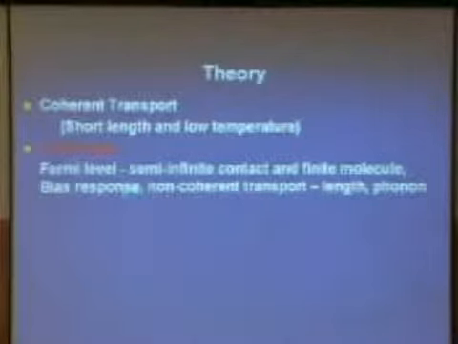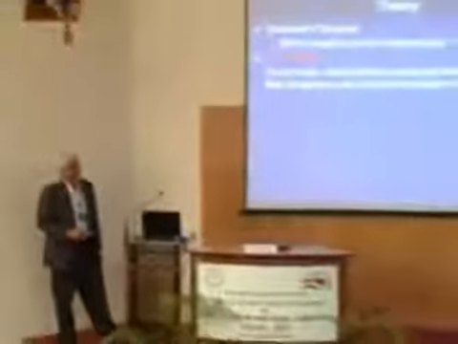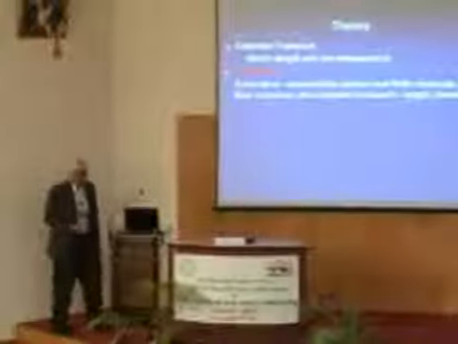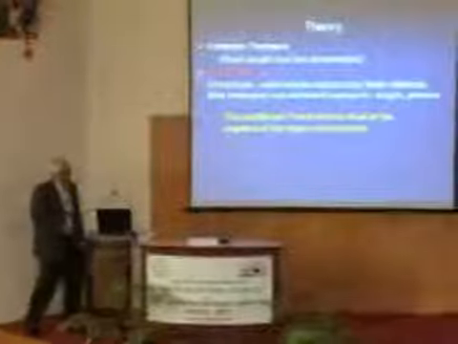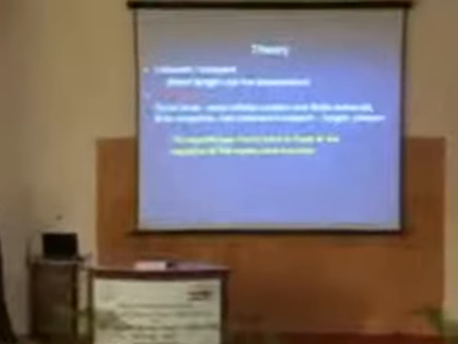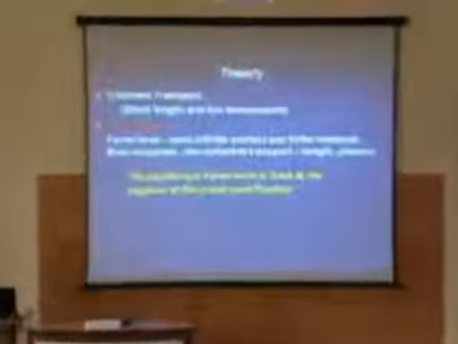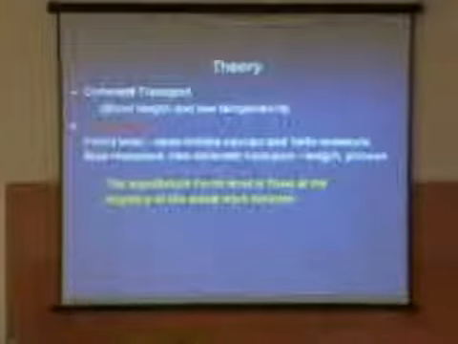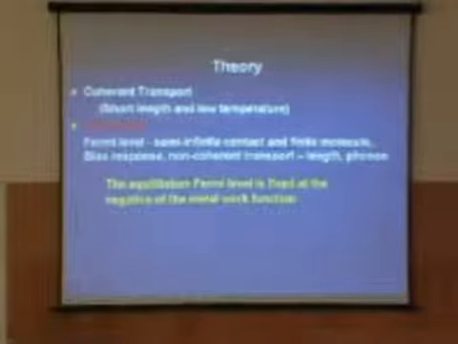Bias response: we are going to apply the bias, so how does it affect the molecular levels in the system? And still now we cannot treat non-coherent transport, meaning length dependence, or how to include phonon effects and temperature effects in the system. So the approach is: you fix the Fermi level at the negative of the metal work function, which is well known, either from theory or experiment.